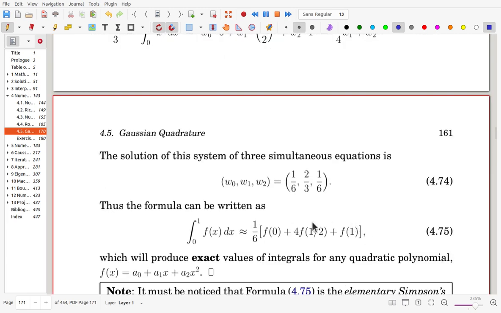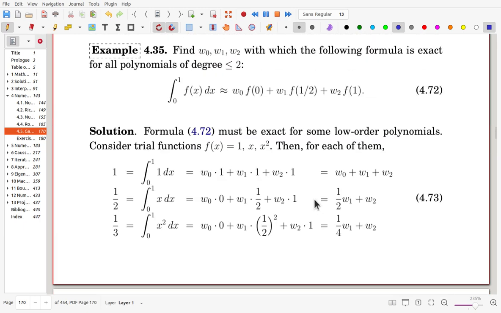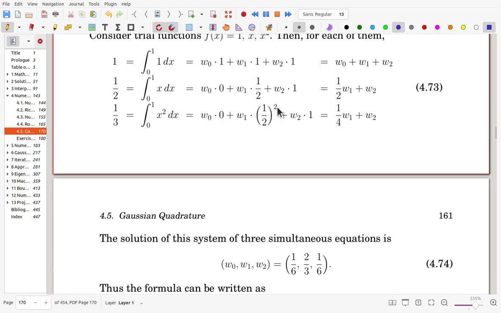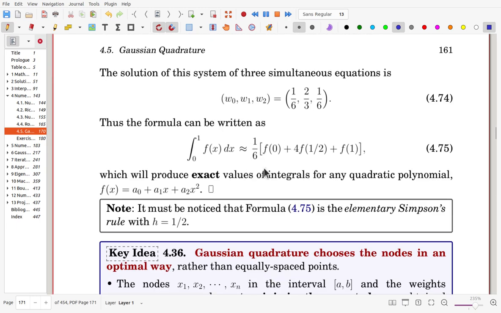Once you solve, then you can get here W0, W1, W2 are 1/6 and 2/3 and 1/6. So we can finish the formula here by using this. We can write here. Okay, this is exact for quadratic polynomials.